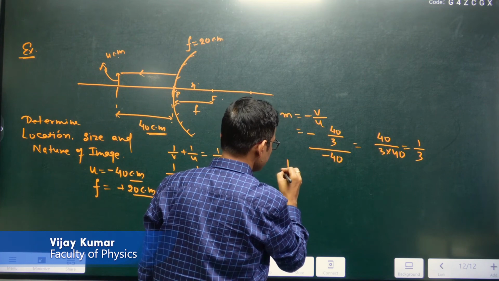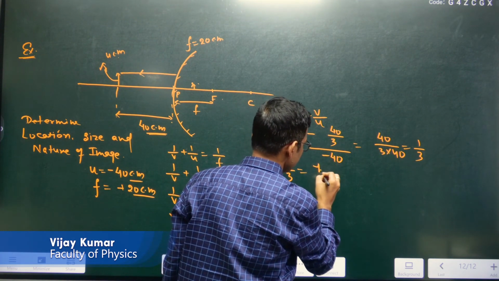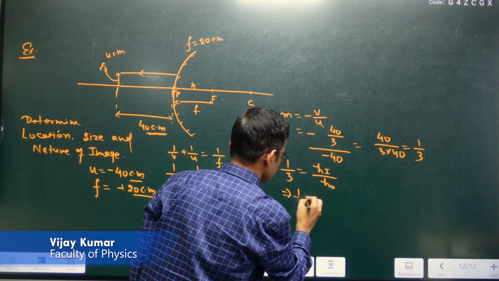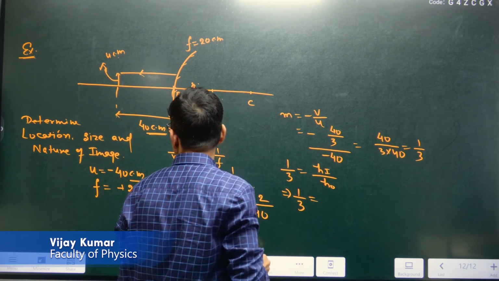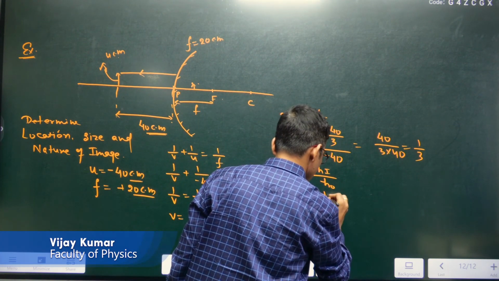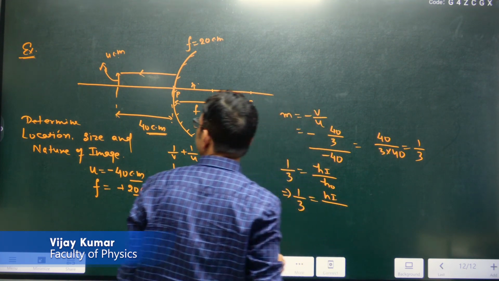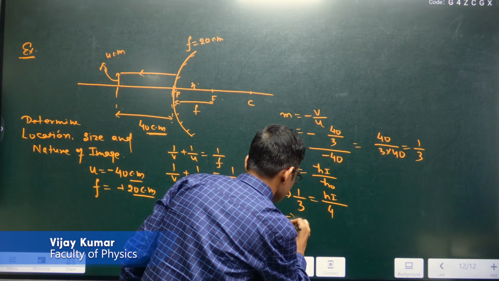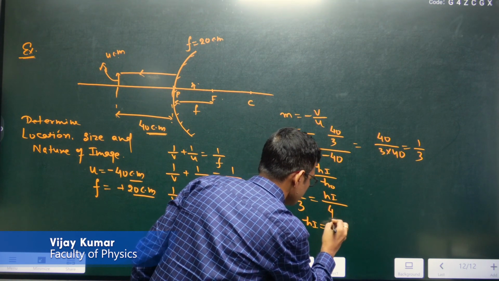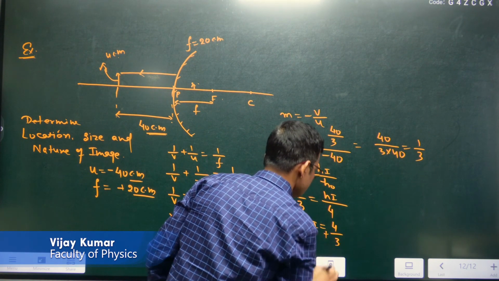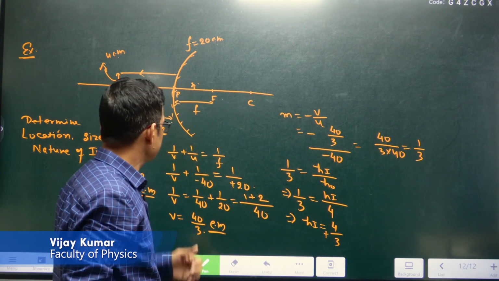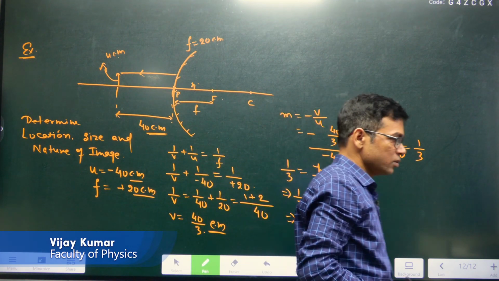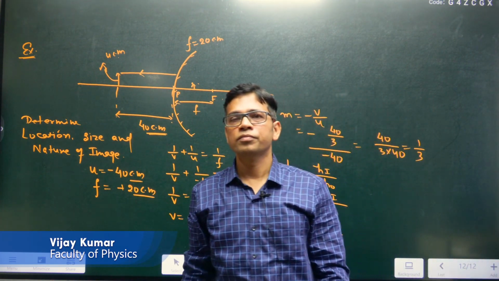So 1 by 3 is equal to height of image divided by the height of object, which is given as 4. So the height of image is equal to 4 by 3, and this plus sign indicates that the image will be formed above the principal axis. Okay, thank you.